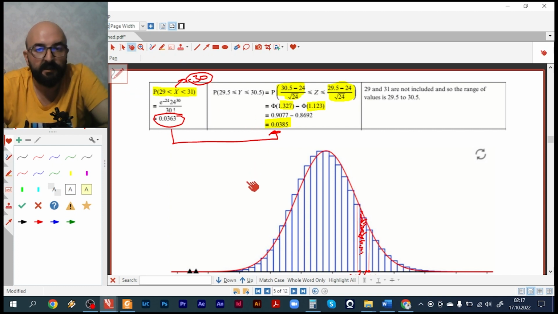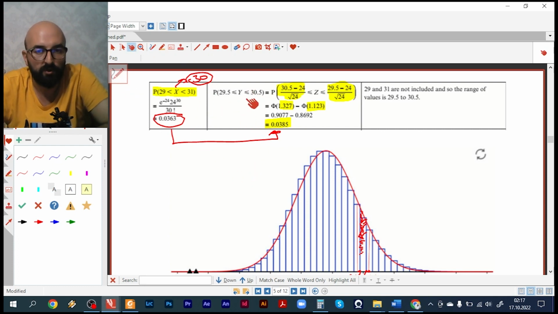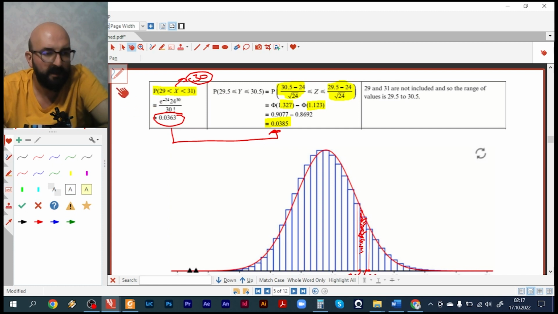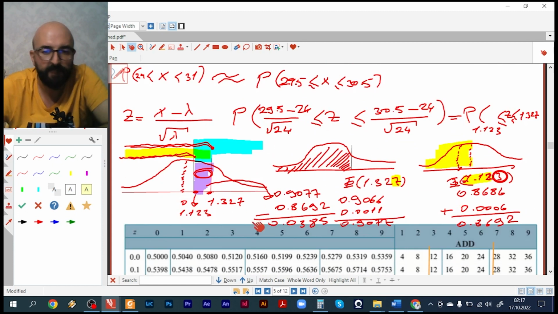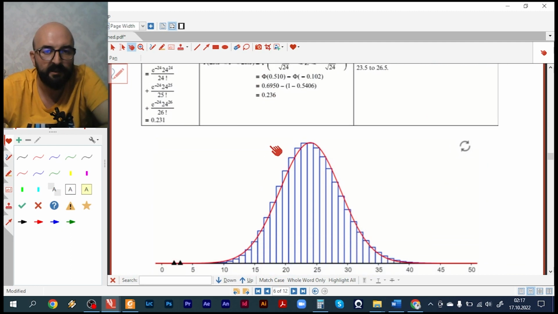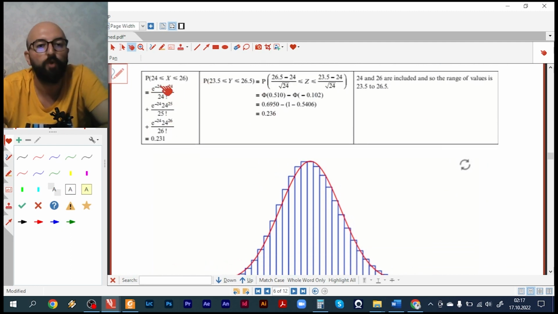And if we want the probability of a range of values, we should use the normal distribution.